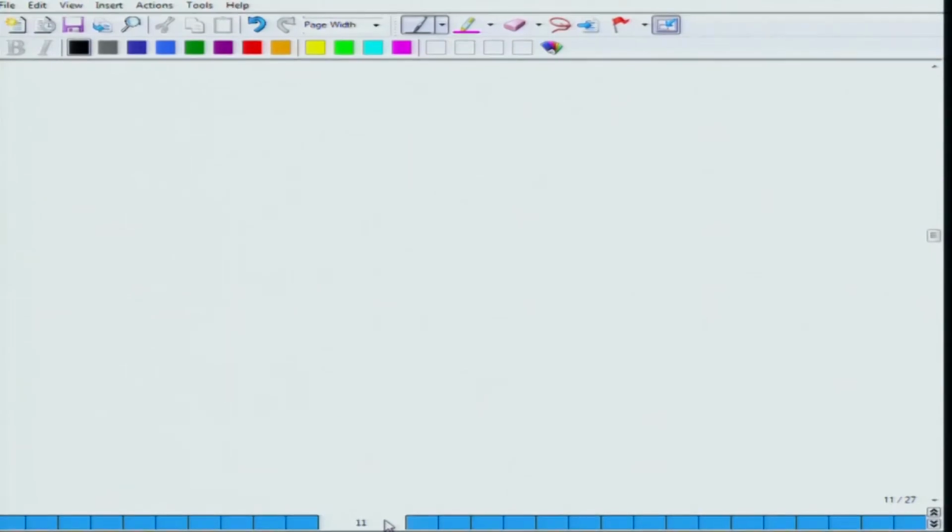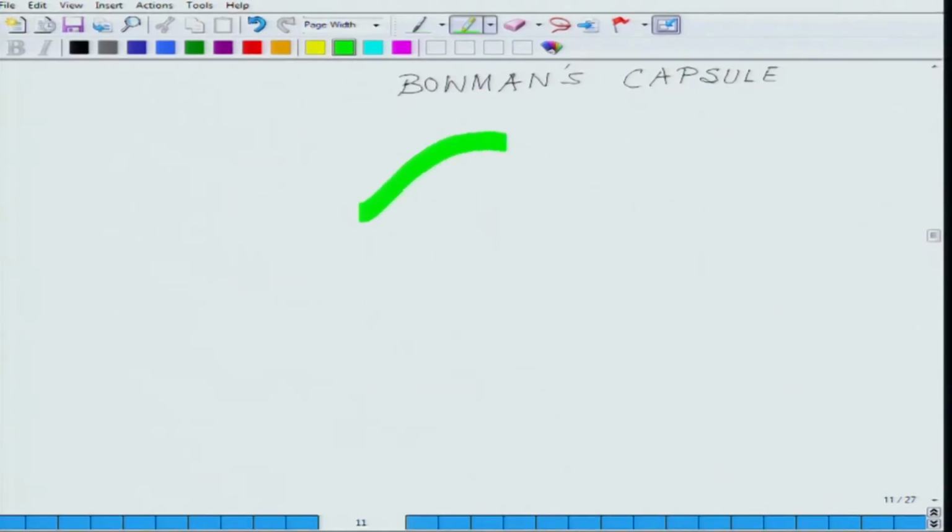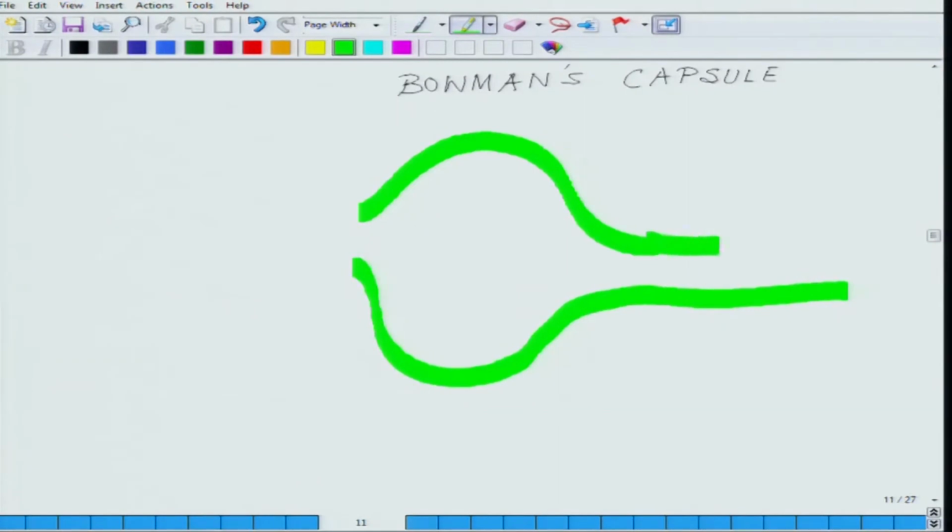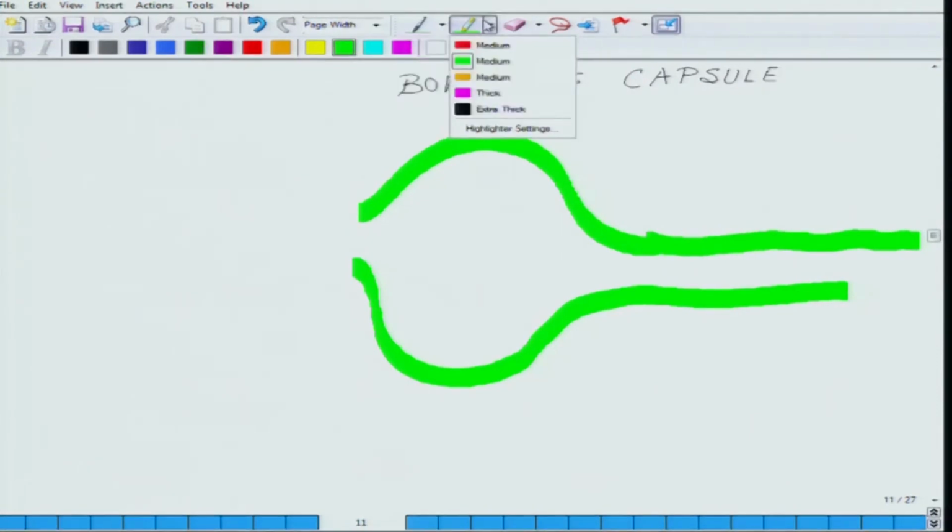Back to the slide. So talking about the Bowman's capsule. So Bowman's capsule is something like this. Okay. So the Bowman capsule is, if this side is showing, this is the Bowman capsule. Okay. This is the membrane, and on this side you have the blood vessels. So the blood vessels are coming like this.